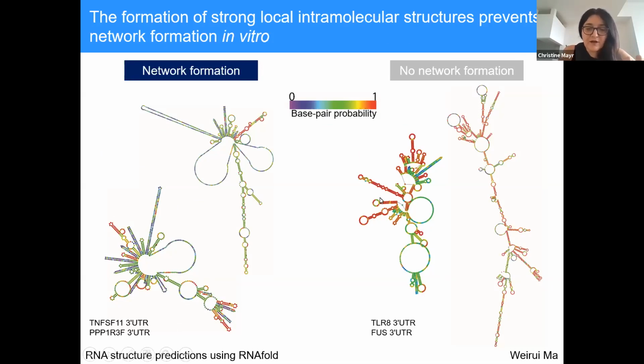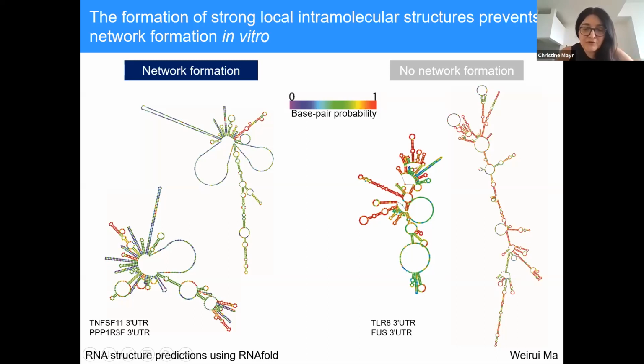The color code is the base pairing probability. Red means these RNAs have a strong tendency to form intramolecular interactions and form strong structures, whereas on this side, there are large regions that are basically not structured. And when they form a structure, it's actually quite weak.